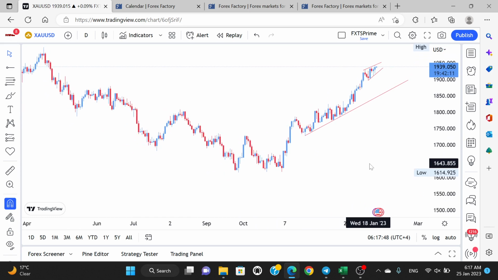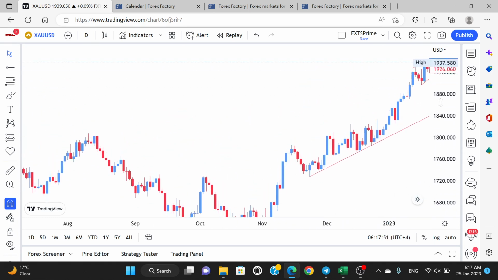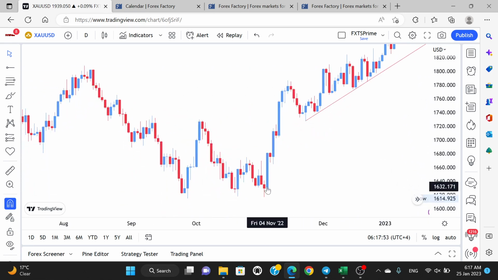Normally, if you look at this chart here, you will find that this is a normal movement. You have swing, pullback, then swing and pullback, swing, pullback, swing, pullback.